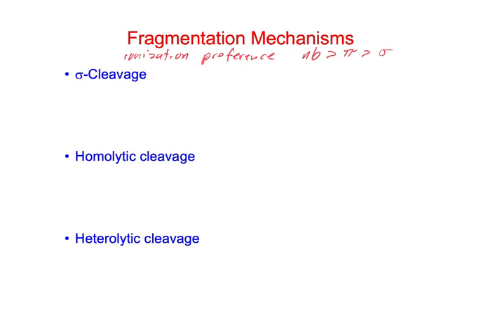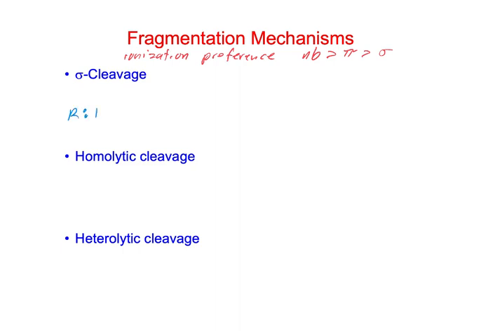The first one we're going to look at here is called a sigma cleavage. This is from a sigma bond, and because that's the least likely to be ionized, this is going to be most common when there aren't other functional groups, for alkanes and things like this. We kind of talked about this a little bit.